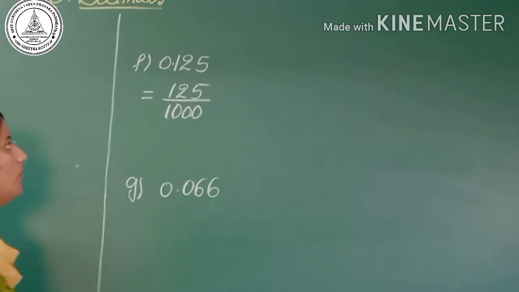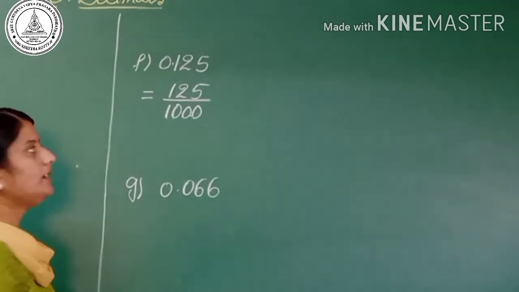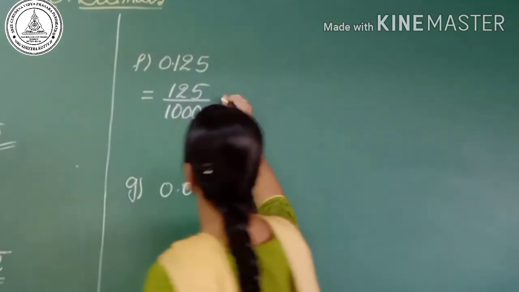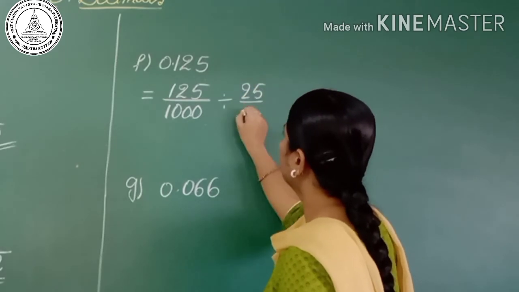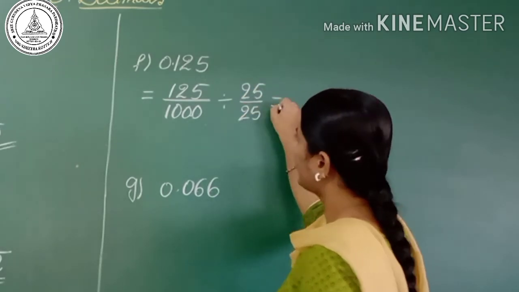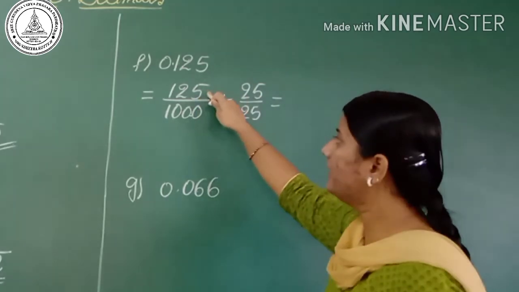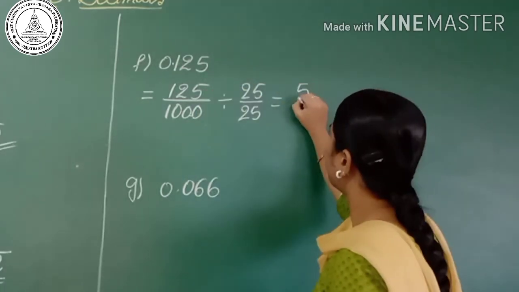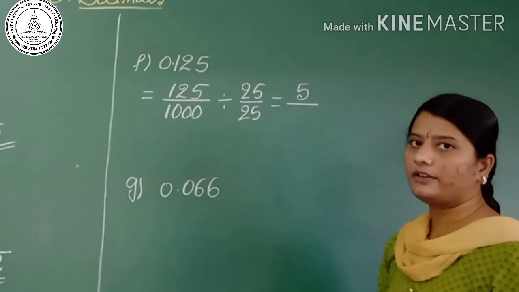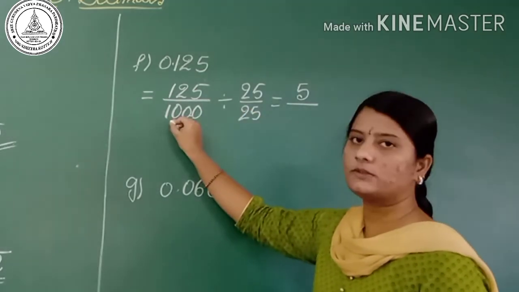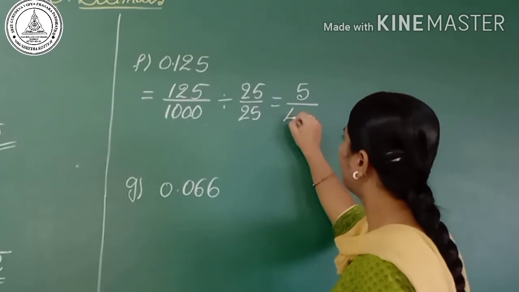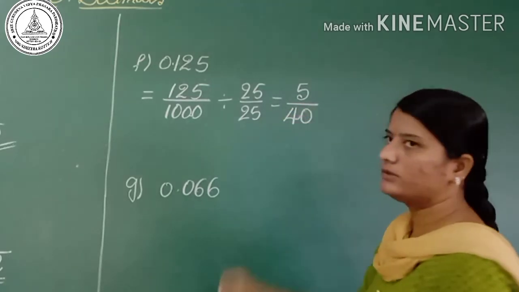You may see here 125 and 1000 are divisible by the same number, that is 25. Divide both the numerator and the denominator by 25. 25 fives are 125, 25 forties are 1000.